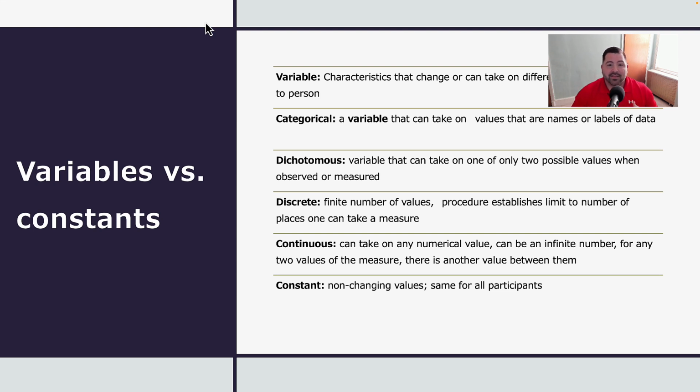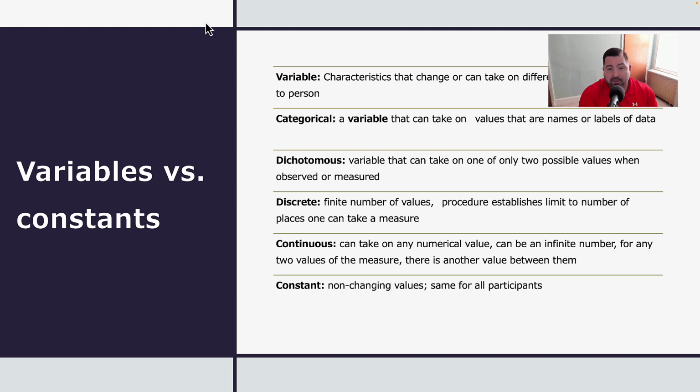These variables can then be broken down into what are called categorical variables and continuous variables. A categorical variable is a variable that can take on different categories or names in some way, shape, or fashion.